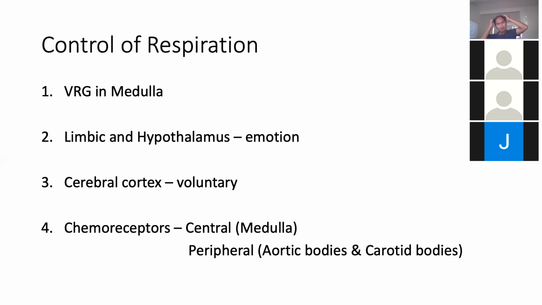So this ventral respiratory group, which is located in the brainstem medulla, discharges impulses spontaneously almost all the time. And therefore, we are breathing without awareness. That is the spontaneous process.